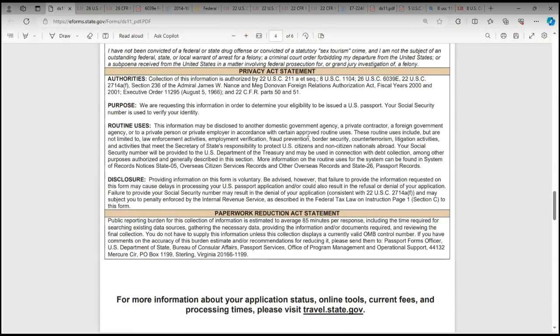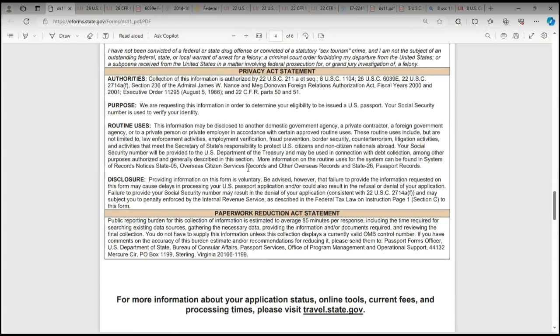Your Social Security number will be provided to the U.S. Department of Treasury and may be used in connection with debt collection, among other purposes authorized and generally described in this section. More information on the routine use for the system can be found in System of Record Notices State-05, Overseas Citizen Services Records and other overseas records, and State 26 passport records. Disclosure.